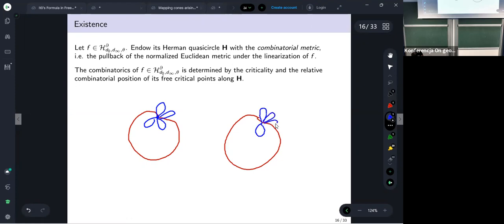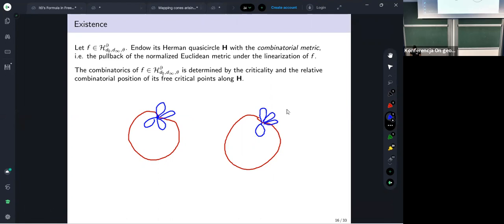The point I'm trying to make is that when I say criticality, there's an inner criticality, and there's also an outer one as well. In this case it's different. This case is going to be, well, sorry, D0 is 3, D infinity is 3. In this case, D0 is 2, D infinity is 4.